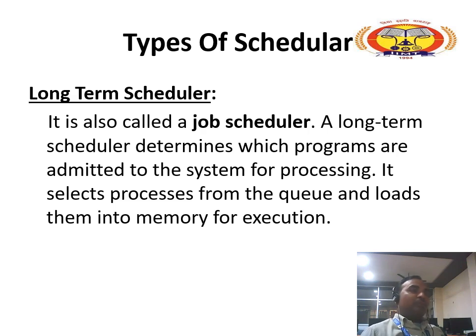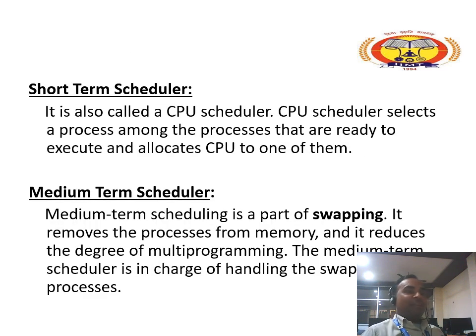So what are the short-term scheduler and medium-term scheduler? Regarding the short-term scheduler, this question has been asked many times: what is the CPU scheduler? The CPU scheduler is also called the short-term scheduler. Many times they ask this in different interviews, so you should be aware of the second name of the schedulers.